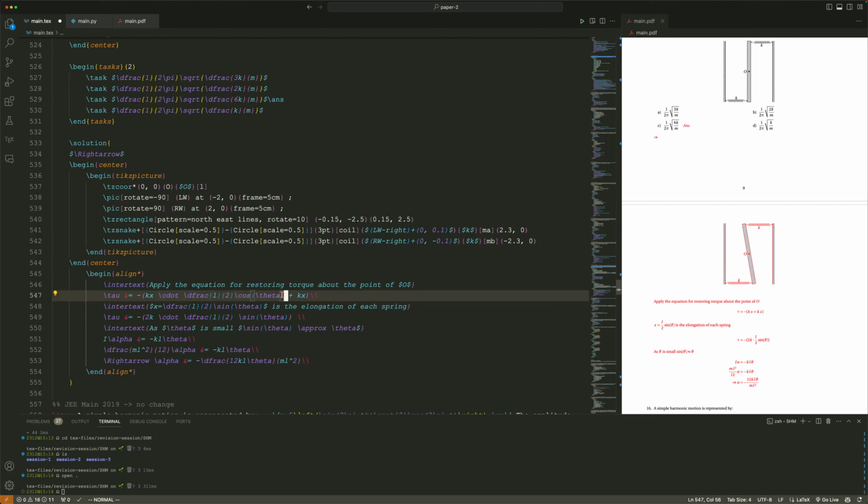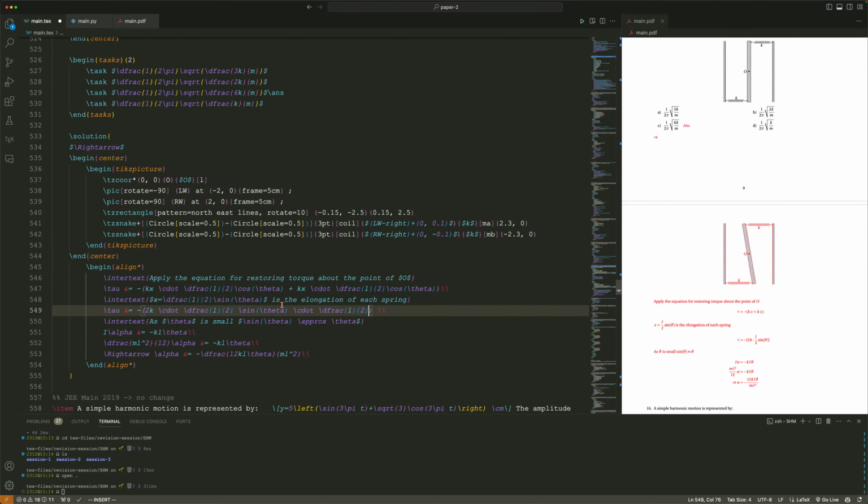Yes, we were doing it wrong. So now it's correct. I think everything is fine. 2kx, then we can put cos theta, and cos theta will be 1 because theta is small, and cos theta is the elongation. Still leave it.